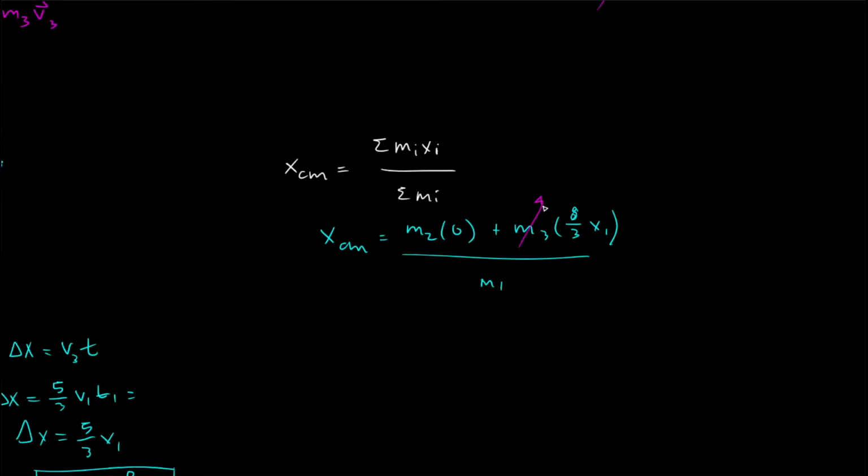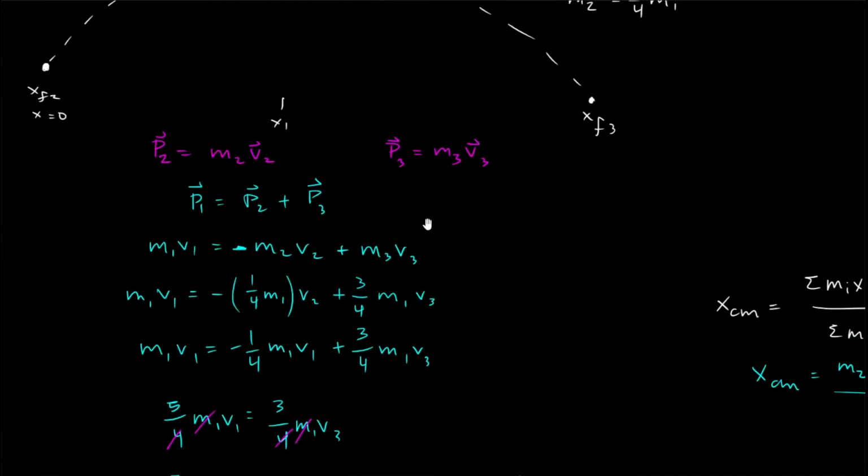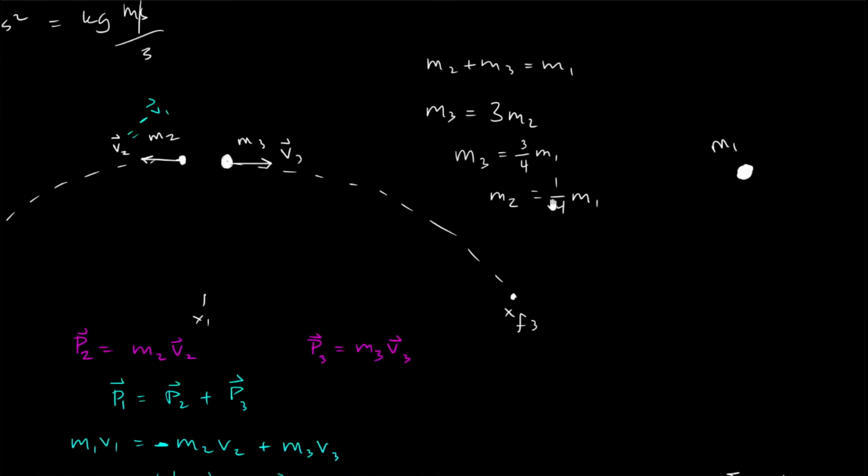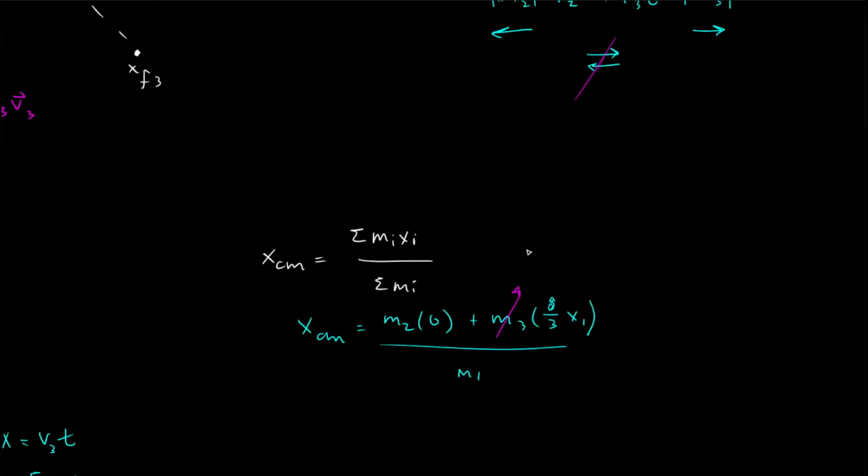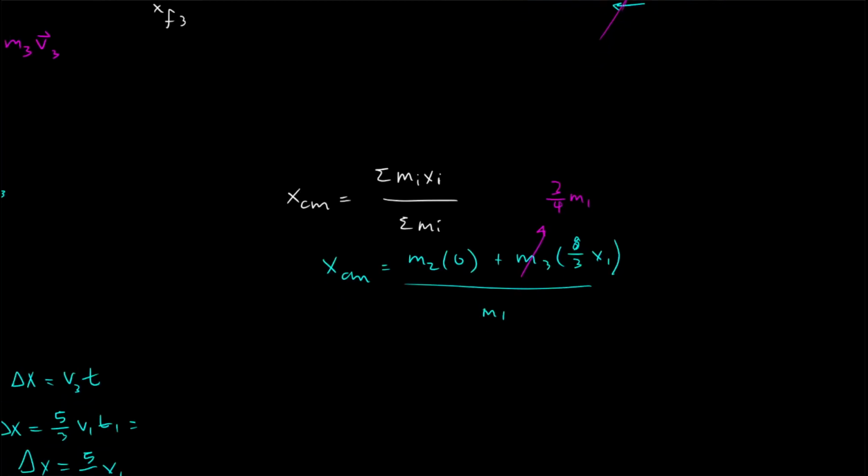Now m3 we found is equal to 3/4 m1, and this is 0.